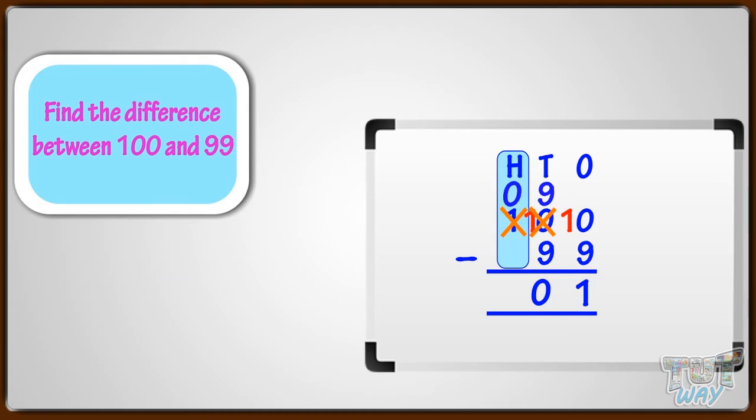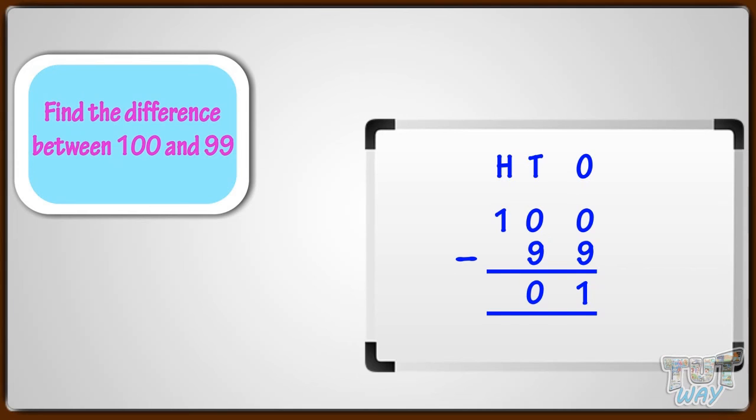There is 0 on the top row and no number below it. So, nothing to subtract. We have subtracted 99 from 100, and the answer is 1. Good. Kids, you must go through this sum once again.